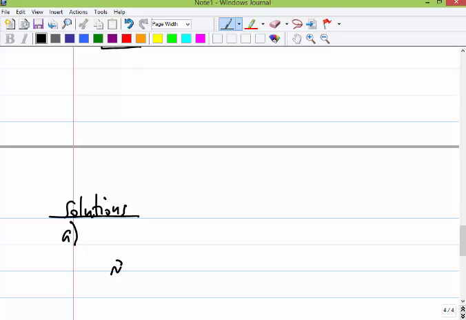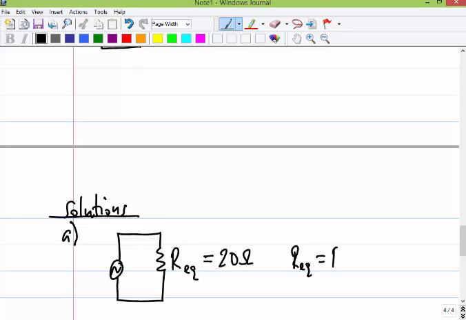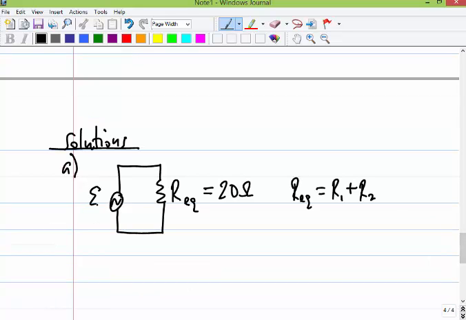So what is the equivalent resistance? R equivalent is just equal to R1 plus R2, and we have our E. Just like we did for DC circuits, there is a current I going through the circuit.